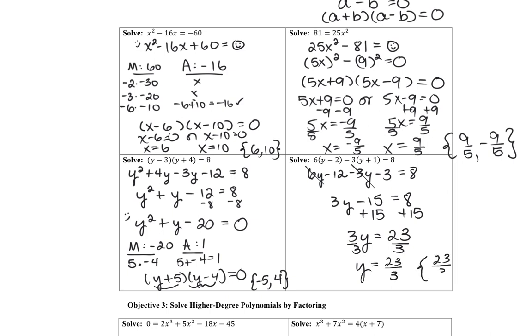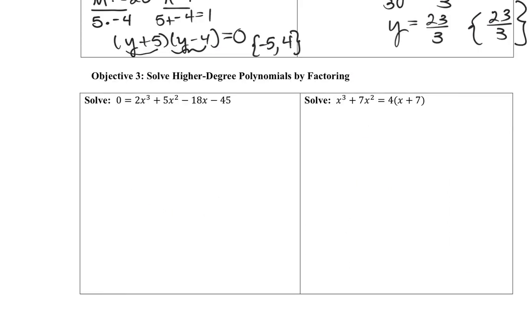Because it's linear, I only have one answer. So that one was pretty quick and very much easier, right? So, you know, just because it's an equation in this homework, don't be thinking, oh, they're not going to throw a linear one in there. They will. Okay.